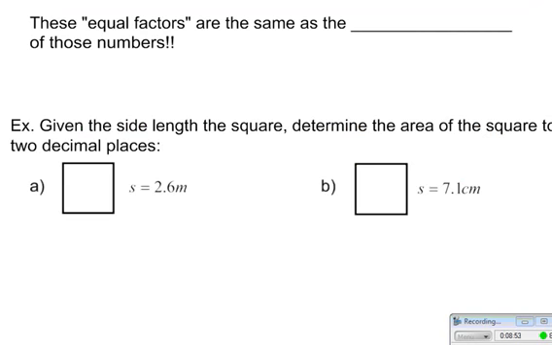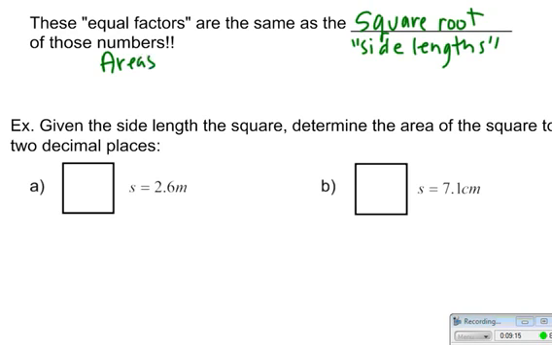All right, so these equal factors are the same as the square root of those numbers, okay? Or we could say these equal factors are the same as the side lengths of those areas.